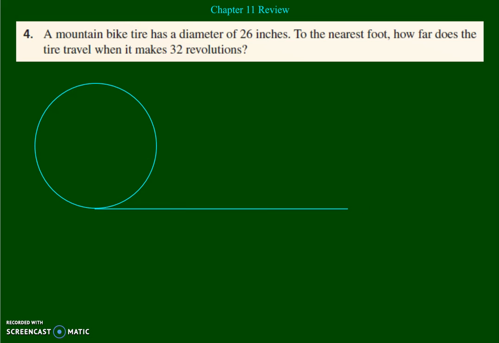So if we say that we need 32 revolutions, and we know that the diameter is 26, let's just put a diameter in here, or something that's approximating a diameter.